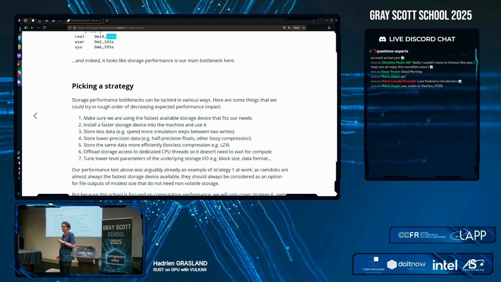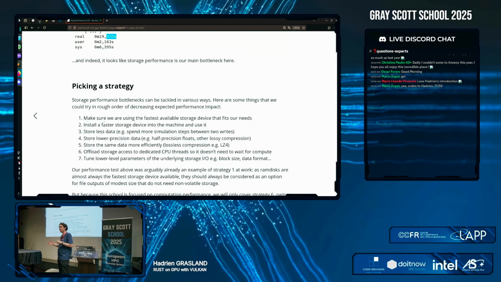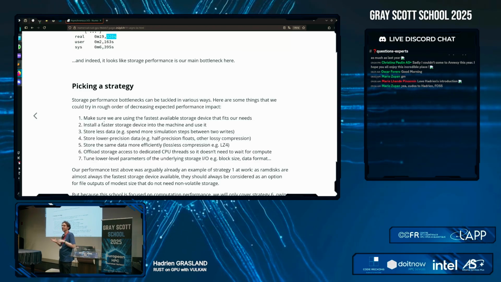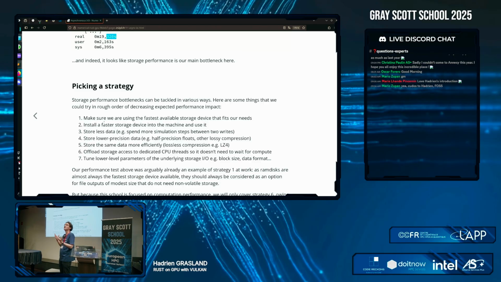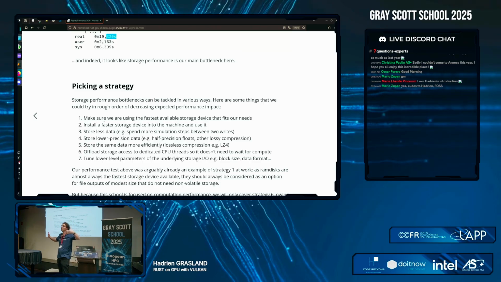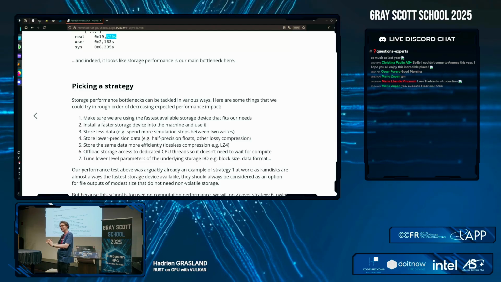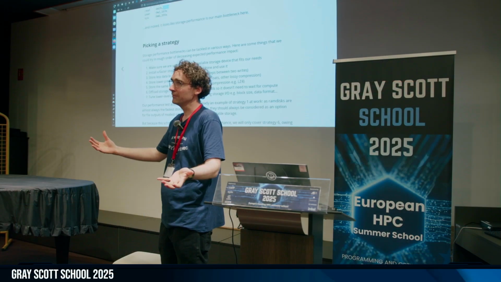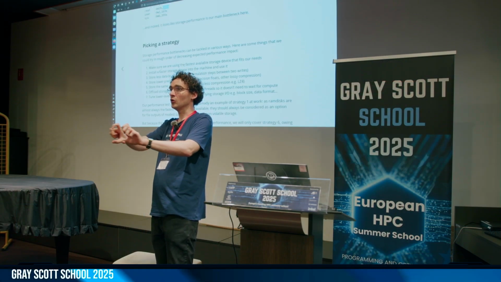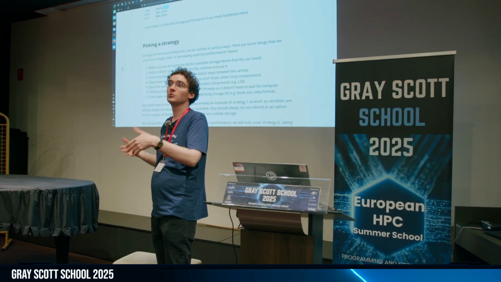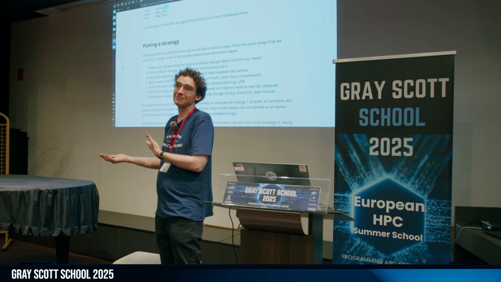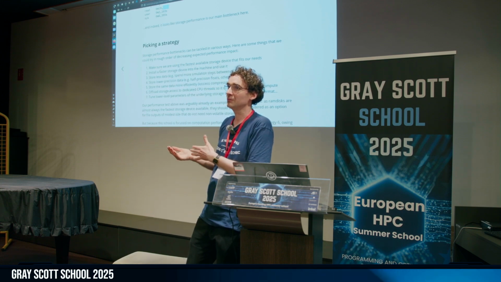HPC centers are aware that distributed file systems are performance challenged. They are not here for performance, they are here for consistency. The idea is that all your nodes can see the same data, at a price. And so what you should do if you need very high throughput I/O is to use something called a scratch file system, which all good computing centers have, which is basically a disk on your local machine that other nodes in the supercomputer don't have access to. And then you get much better performance.